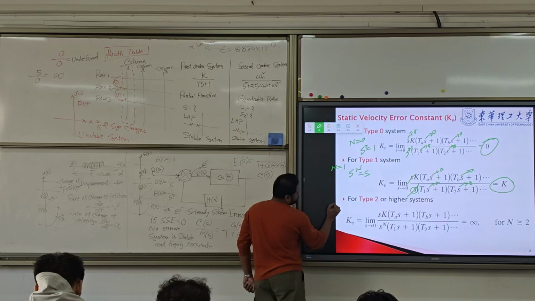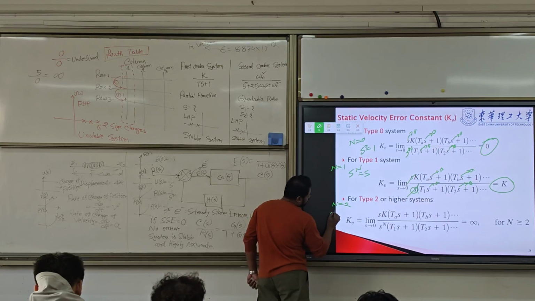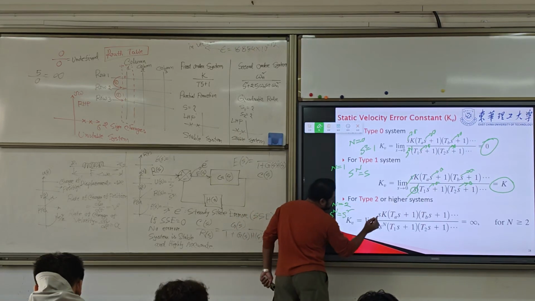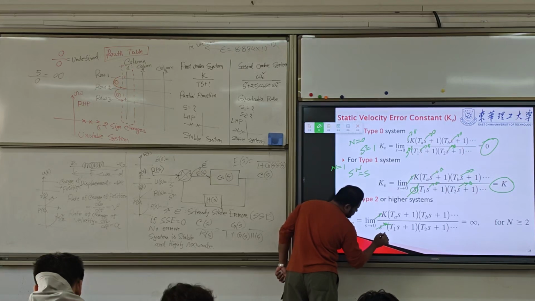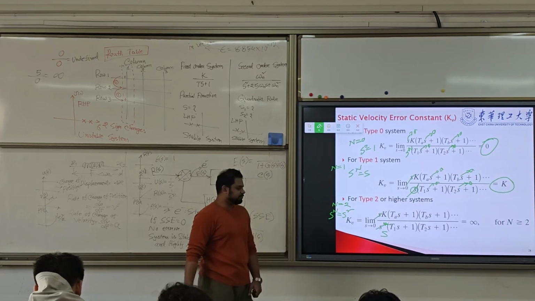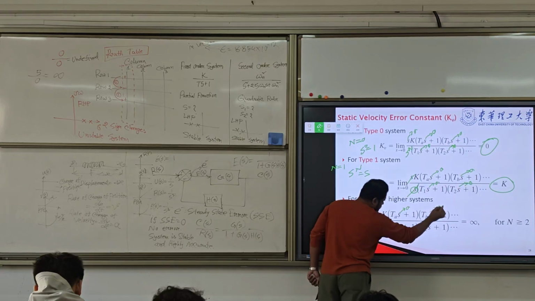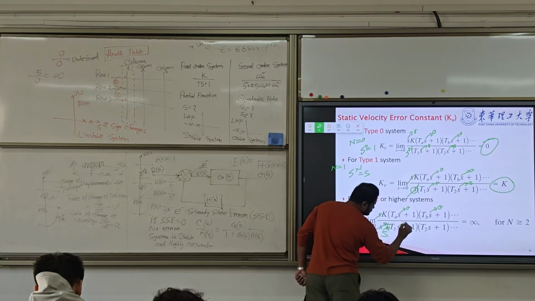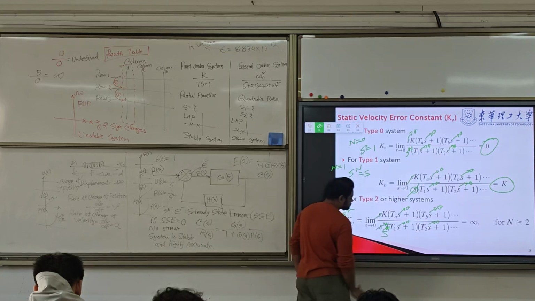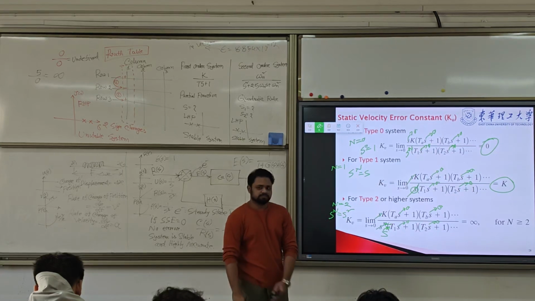Now for type 2, n equal to 2, Sn equal to s squared. Here, s squared will cancel one s, leaving 1 by s. So now put all the s as 0.